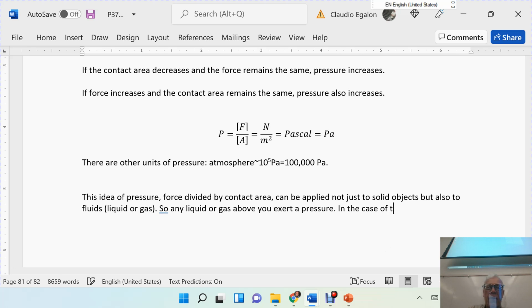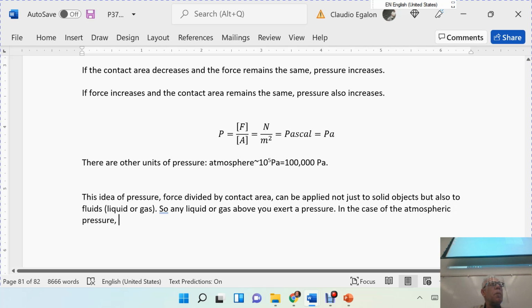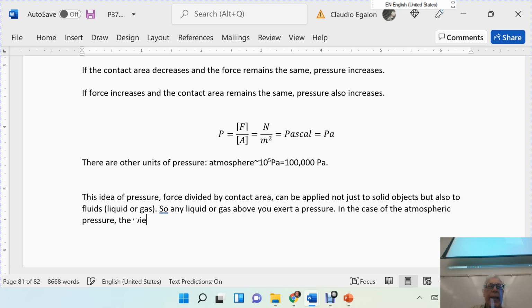In the case of the atmospheric pressure, the weight of a column of air divided by its contact area is the atmospheric pressure.